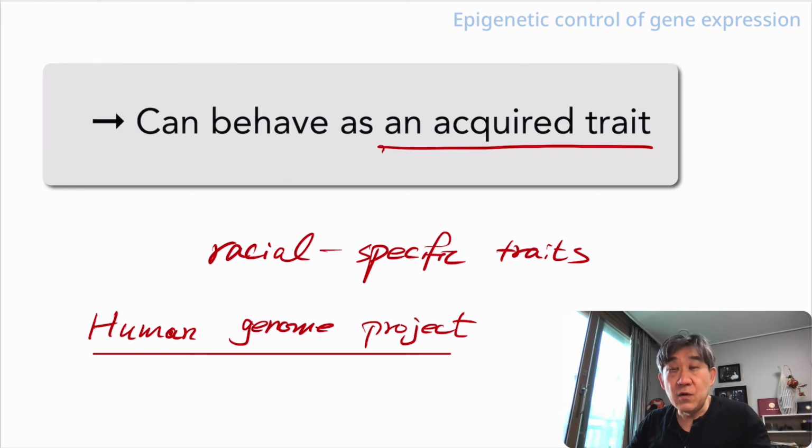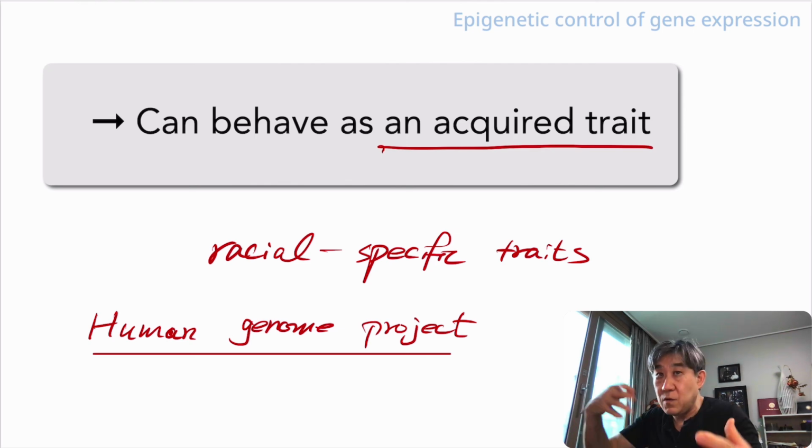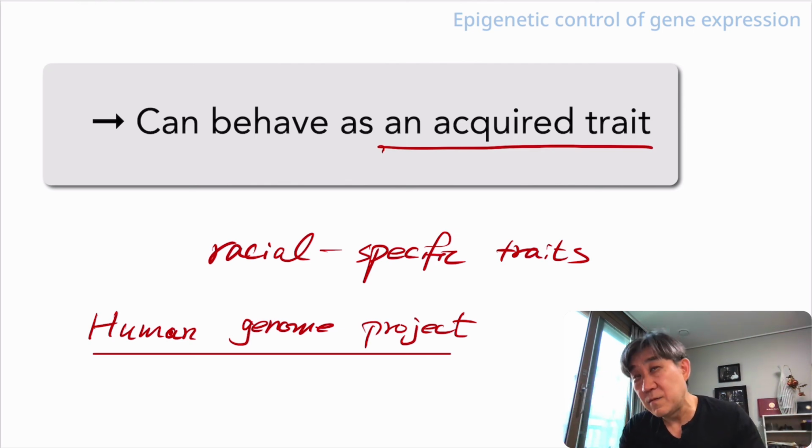And not only that, we all know of other race specific traits, but none of them can be found to have any meaningful correlated DNA sequence change.